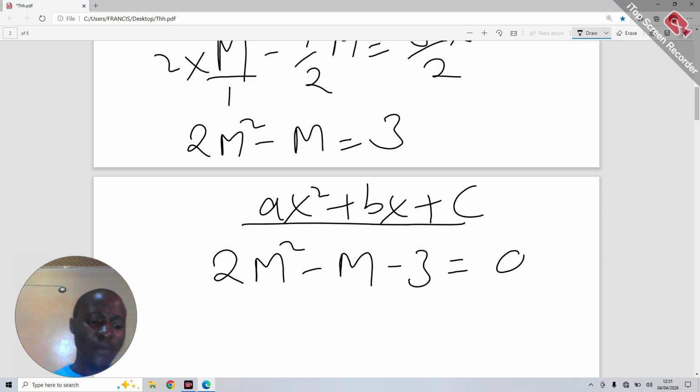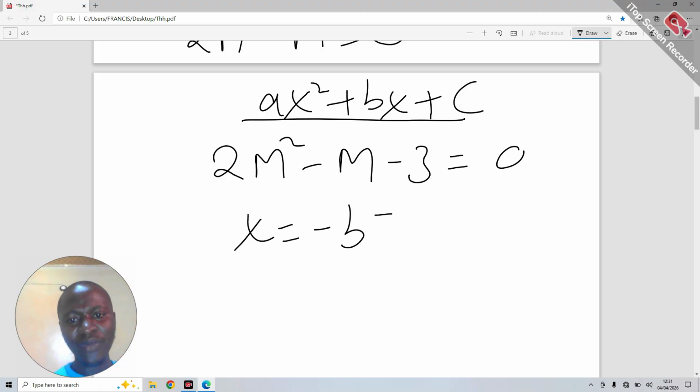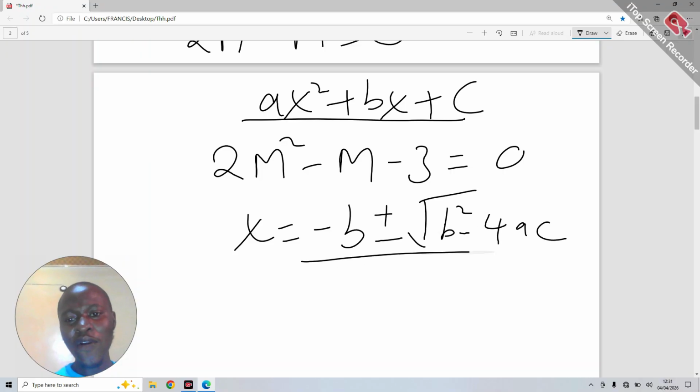You can use the quadratic formula to solve it directly, or maybe you use the other method, factorization, and the other method, which is the completing the square method. They are all allowed, but because you're in the exam room, perhaps I'd better advise to go direct and use the quadratic formula. And what does the quadratic formula say? x is negative b plus or minus the square root of b squared minus 4ac all over what, guys?